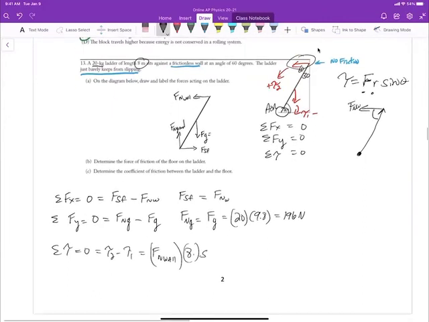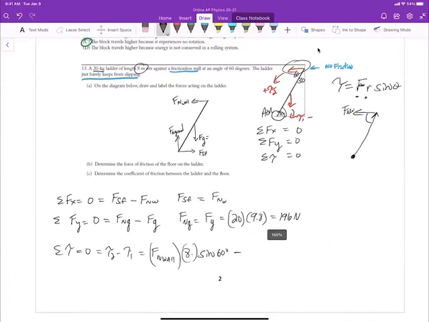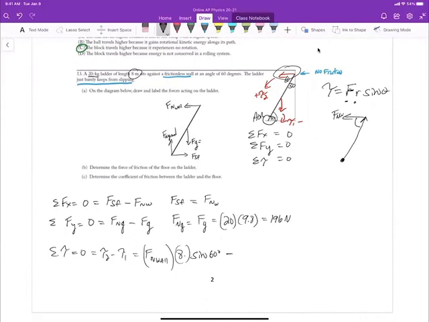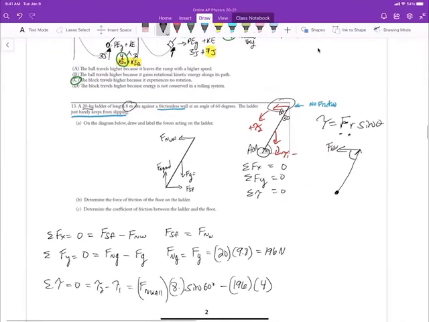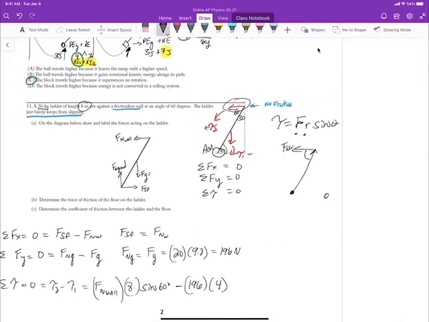So this will be sine of 60 degrees. And then subtract the torque 1, which is force of gravity, which is 196, times its distance away from the axis of rotation, which is 4. And now let's see if we can figure out that angle. So here's my axis of rotation. Here's my distance r. Here's my force vector. And I need to know this angle. And that would be 30.